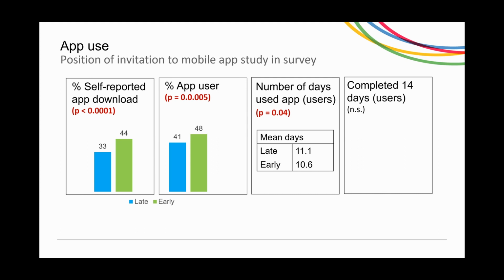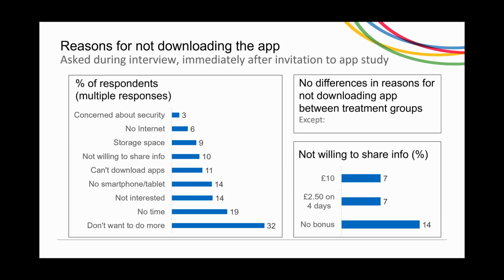So we get higher participation rates when we ask people early on in the annual interview to do this additional task. And then there's a small difference also in the average number of days. So this is just a half a day, not much, but a small difference. So these are the effects of the experimental treatments on the participation, different aspects of participation.